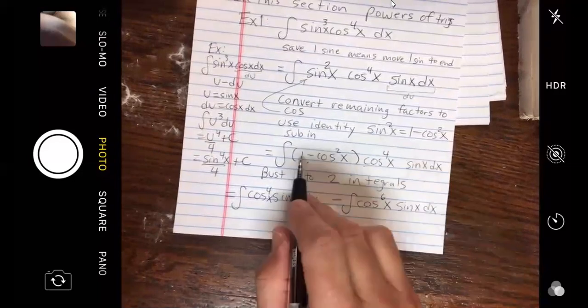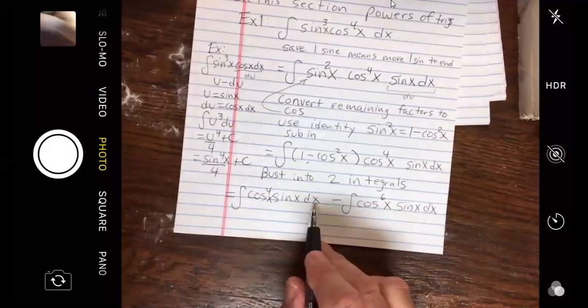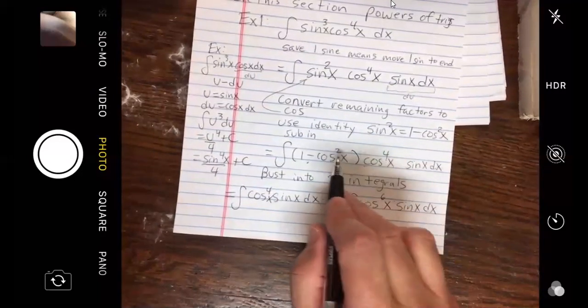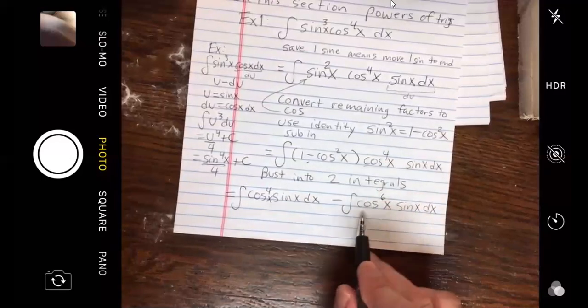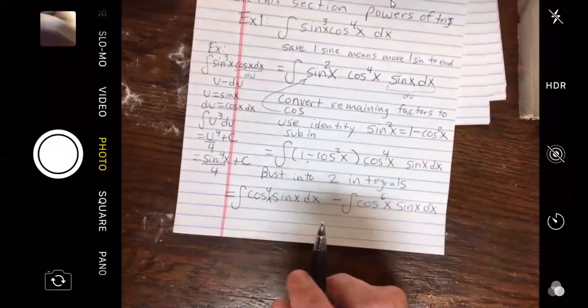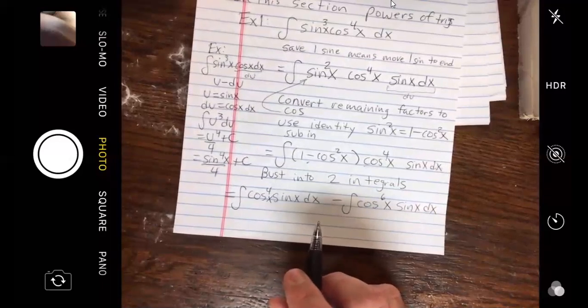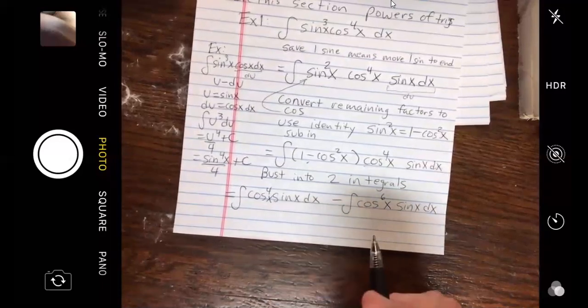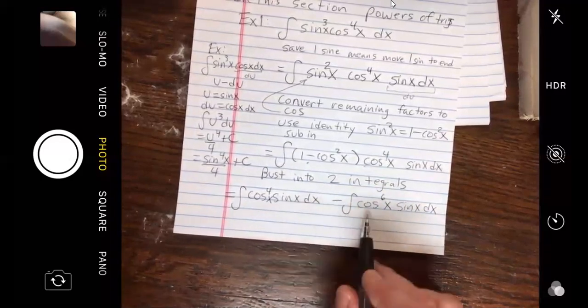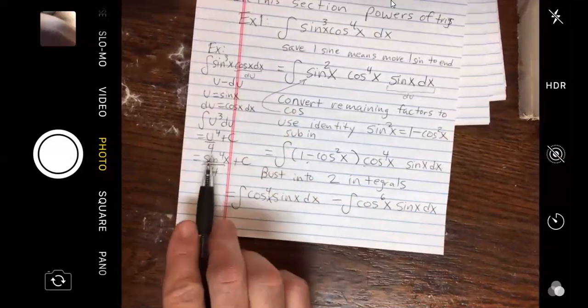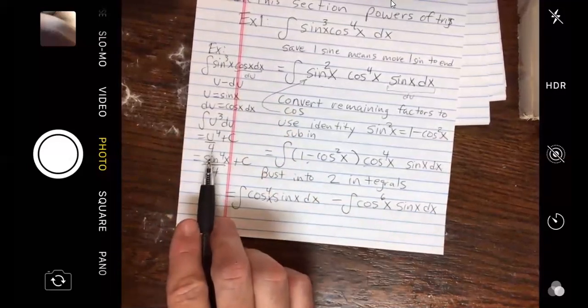All of that times the 1 straight integral. And my cosine 4th times cosine squared is my cosine 6th sine x dx. Questions about that? I have now converted it to this situation. It's just that my u is cosine.